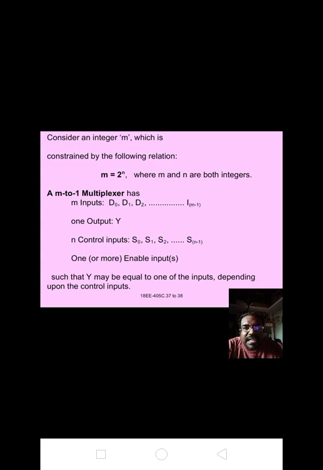Consider an integer m which is constrained by the relation m equal to 2 power n, where m and n are both integers.